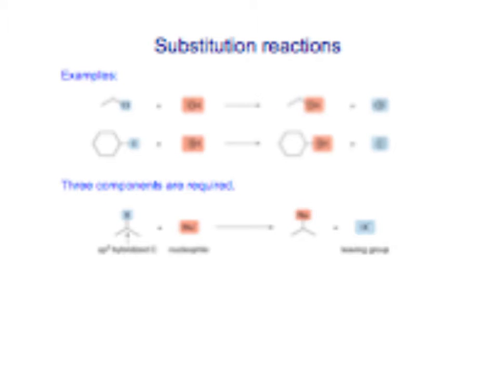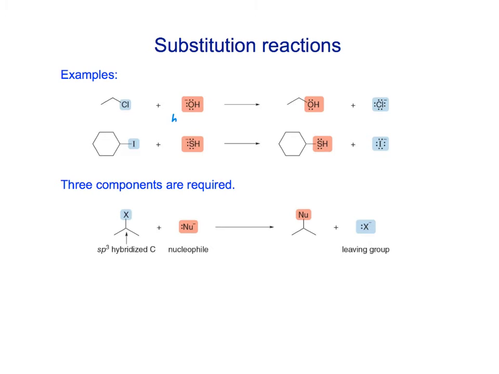To start, let's look at a couple of examples of substitution reactions. In this top reaction, we have hydroxide replacing the chlorine on chloroethane to give us an alcohol and chloride.